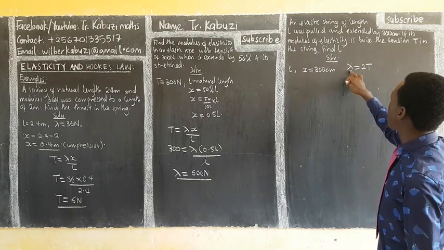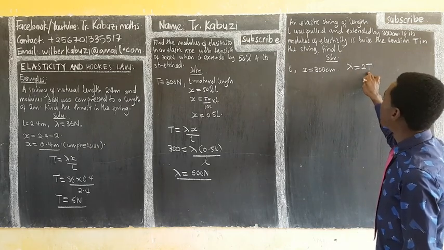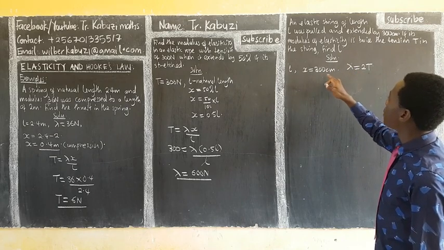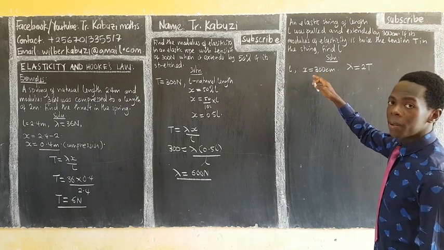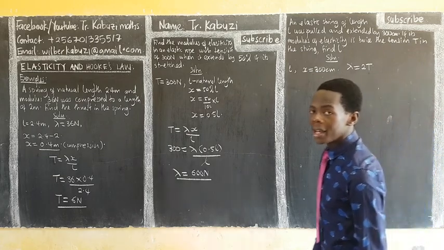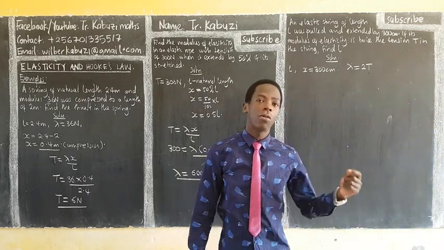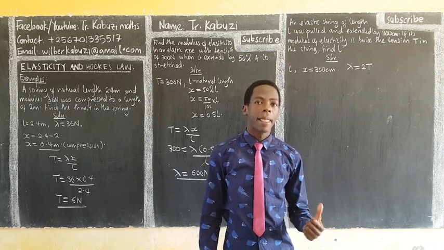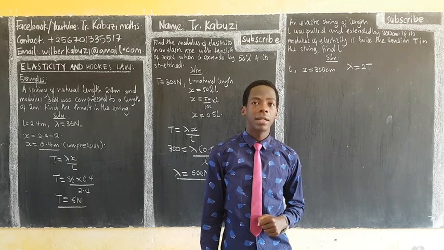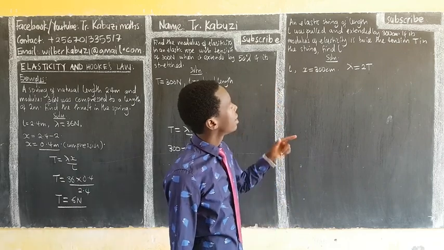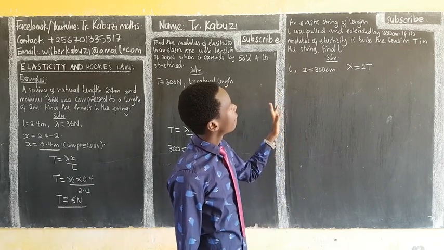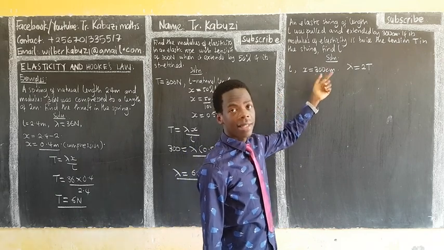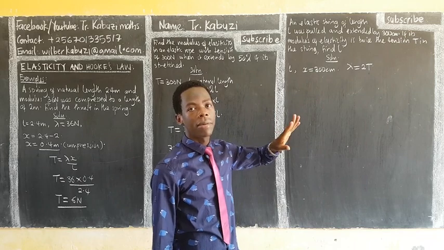Whenever lambda is twice the tension, it means that the string was extended to a length equal to twice its natural length. In simple terms, the length of the string is going to be just L multiplied by 2. Simple.